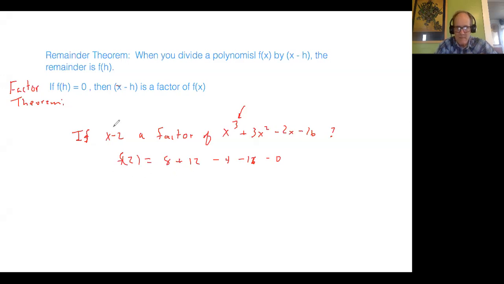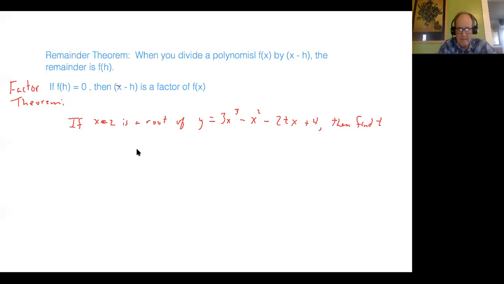Now, let's use a different problem, a lot harder problem, and we'll use our factor theorem. The factor theorem tells us that if f of h equals 0, then x minus h is a factor of f of x. Well, if x equals 2 is a root, then x minus 2 is a factor of this guy.